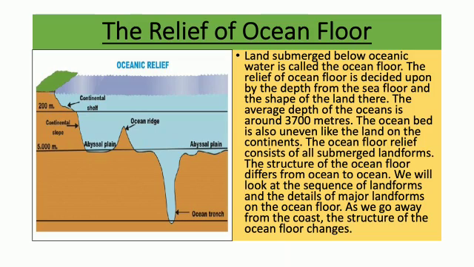Children, here I have repeated the word ocean floor so many times. But what is meant by ocean floor? The ocean bed also consists of undulating landforms like those on the land. There are submerged mountains at the ocean floor. Similarly, there are very deep trenches too. The Mariana Trench is around 11,000 meters deep.